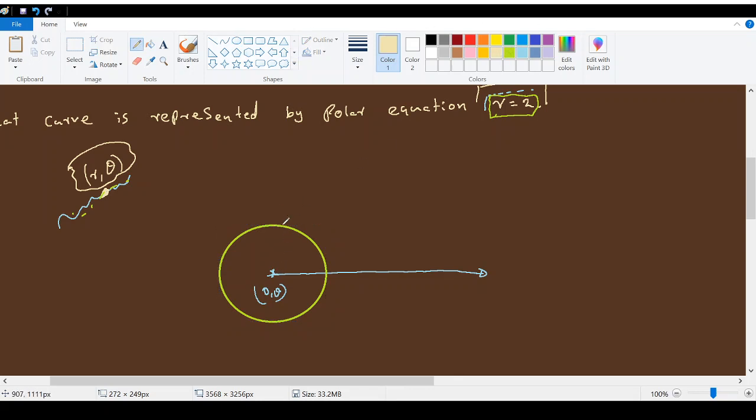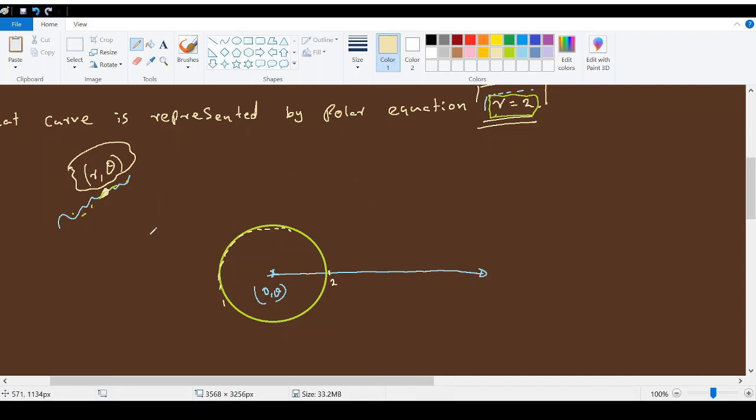If you draw a circle with radius 2, then for any point on this circle you will have a radius of 2, and this property is exhibited only by the points that lie on the circumference of the circle, right?